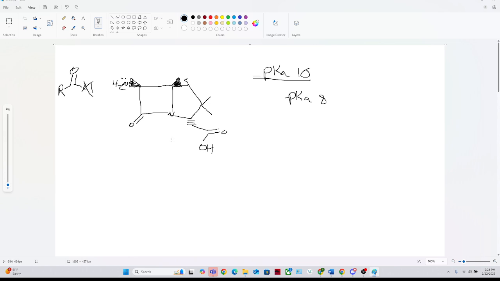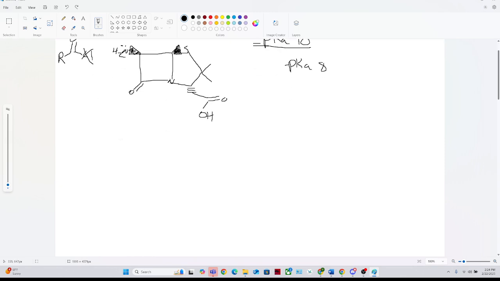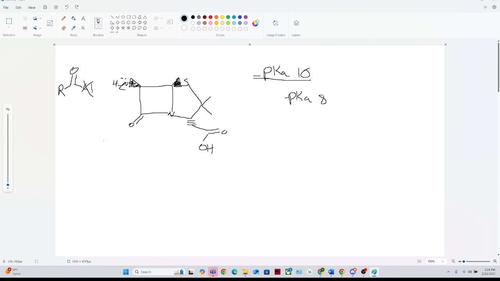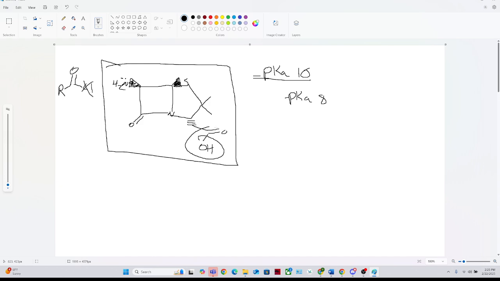Anyway, let's actually begin into the synthetic process to appreciate what's happening. First and foremost, you have this molecule right here, and it's important to recognize certain features of your molecule before you start doing anything in your synthesis. One thing I note is that, oh hey, I have a carboxylic acid here.